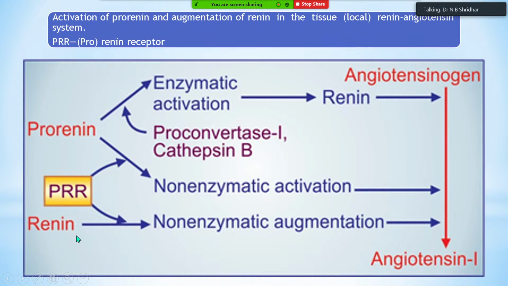In the presence of prorenin, the non-enzymatic augmentation causes the conversion of angiotensinogen to angiotensin 1, and subsequently angiotensin 1 is converted to angiotensin 2, and it is going to act on the specific type of receptors.